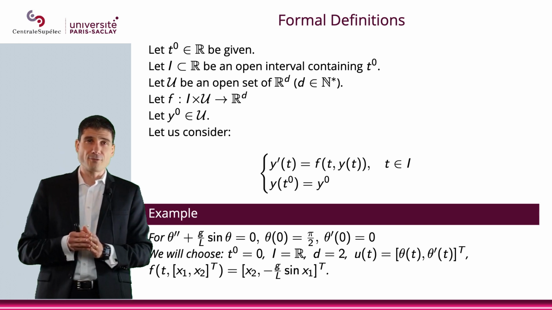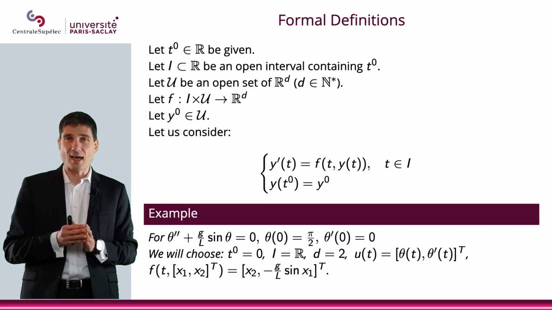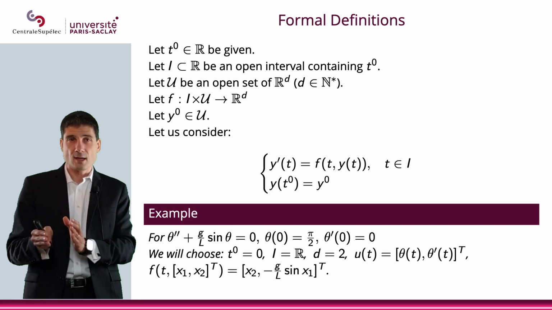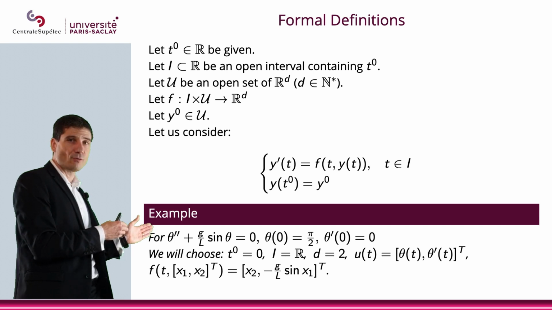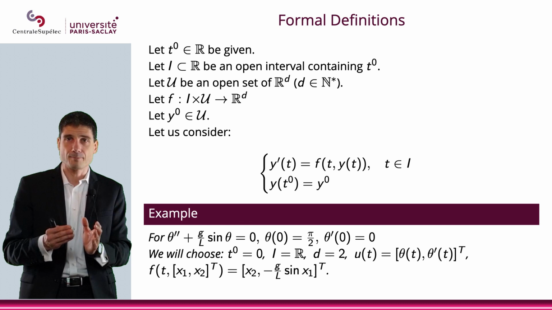Now, I'm a little confused here because if you look at what we have, y prime equals f of t, y of t, which seems to be first order, and I'm trying to fit in something which is second order. So how can I do this?